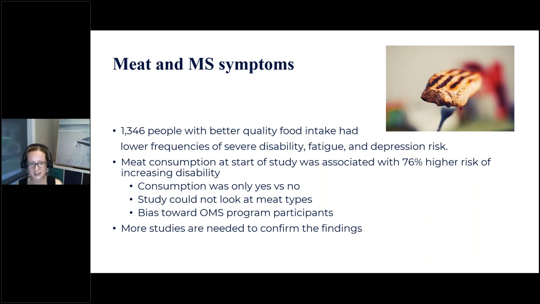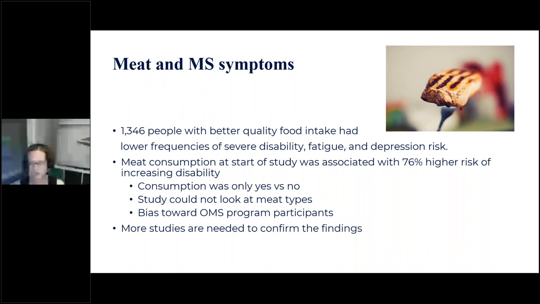And in this particular study, there was definitely a strong bias towards the OMS program of participation. So people were already following the OMS diet, which we spoke about just before, and OMS generally does encourage a strong reduction in meat intake and also in dairy intake. So a bit of a bias in the sample that was tested.